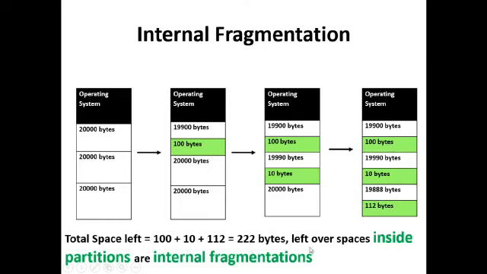These leftover spaces inside partitions are internal fragmentations. These leftover holes are inside the 20,000 bytes partitions. That is why these holes create internal fragmentation. So total amount of internal fragmentation is equal to 222 bytes.